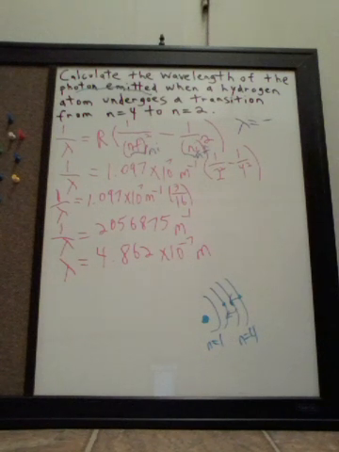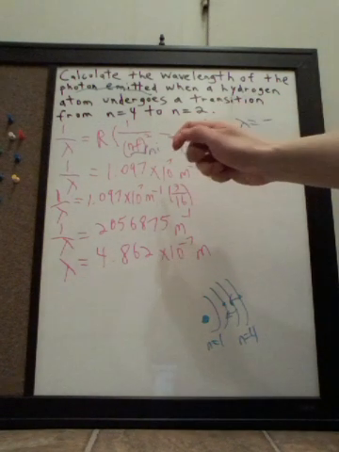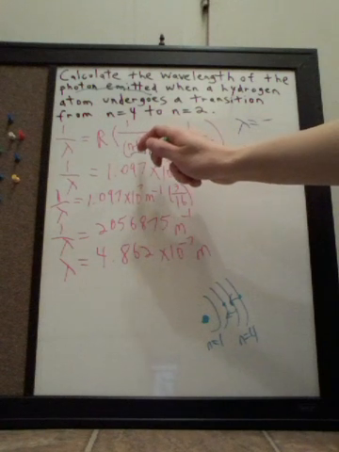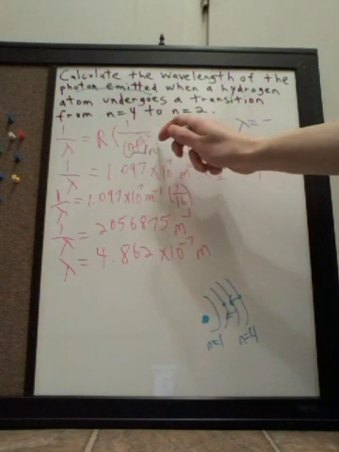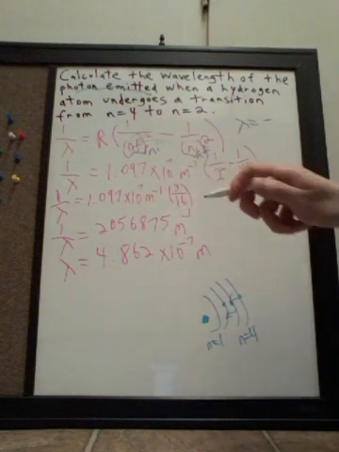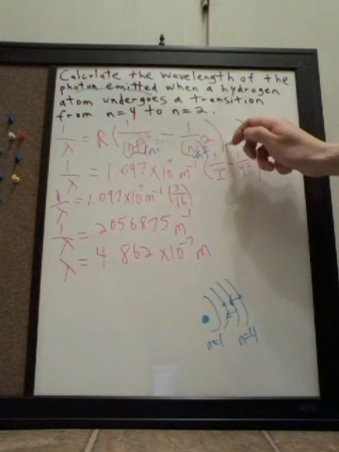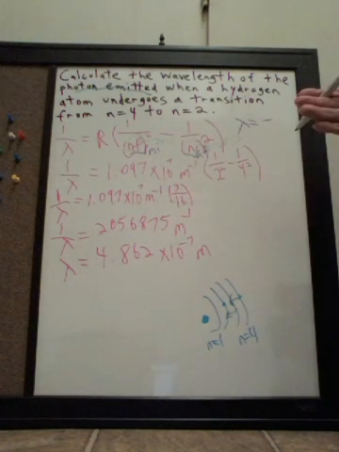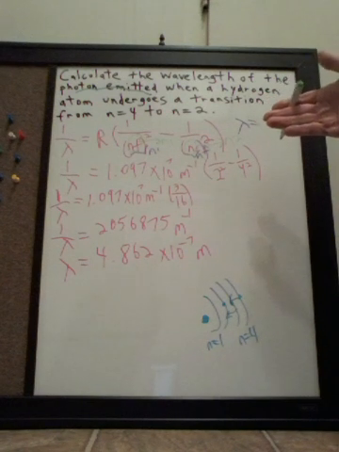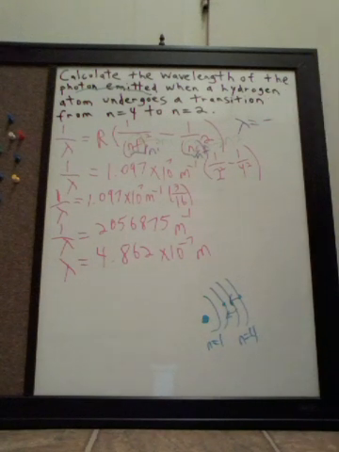Another thing that confuses a lot of people is that sometimes people will call NF N1 and they'll call NI N2.